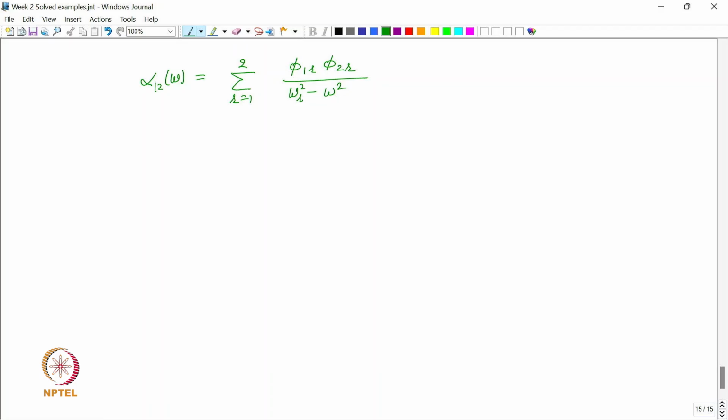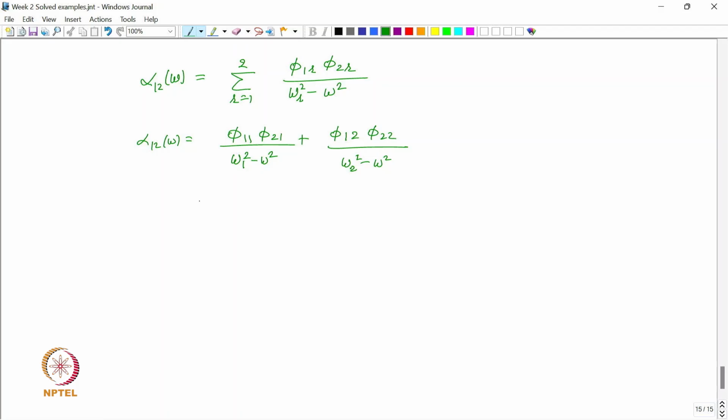So this expression we derived in the lecture classes, right, we are using it here. So therefore this we can now expand as phi 1 1 phi 2 1 divided by omega 1 square minus omega square plus phi 1 2 phi 2 2 divided by omega 2 square minus omega square, correct.